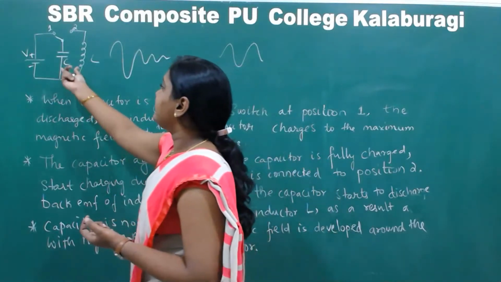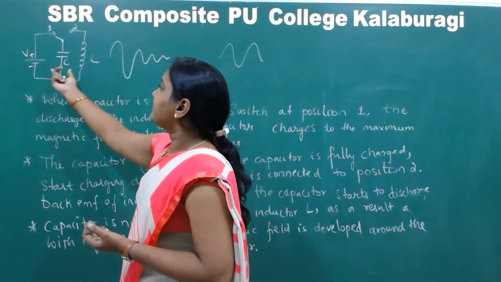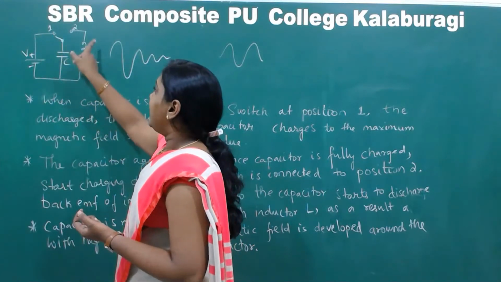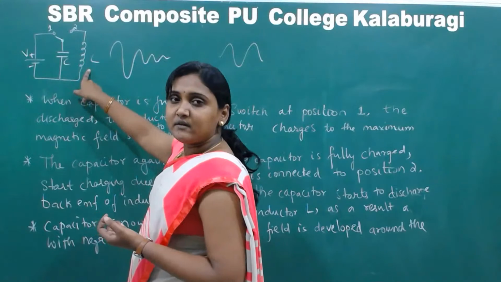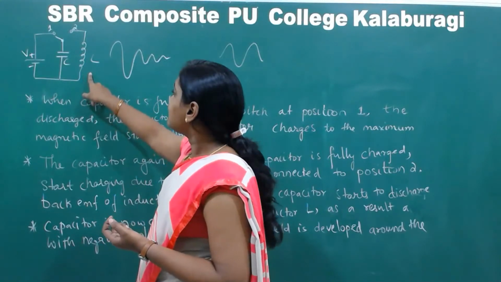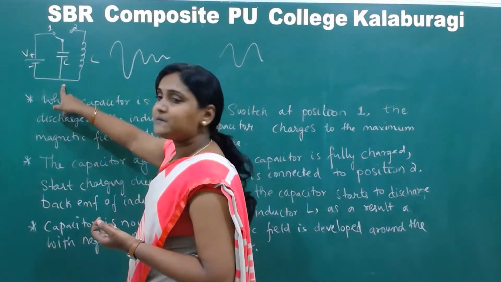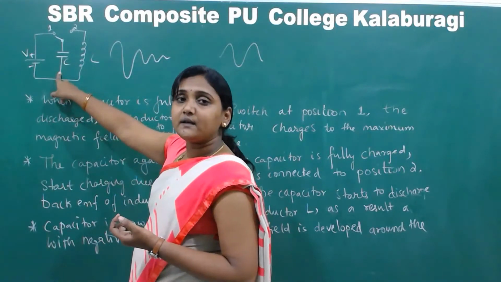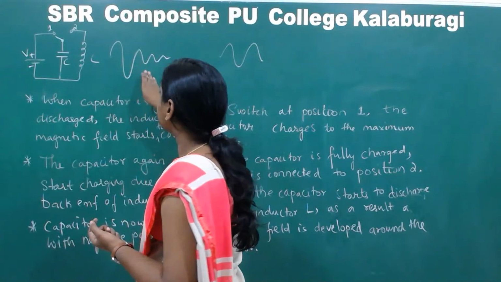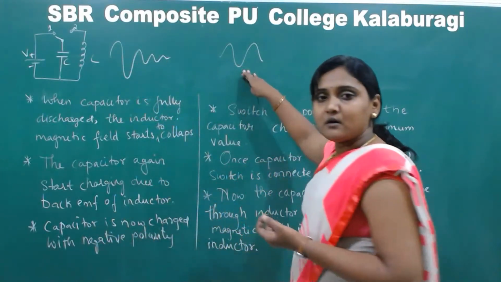This circuit has a capacitor and an inductor, where the capacitor charges and it discharges through the inductor. The inductor develops a magnetic field around it, and then it is going to collapse, charging the capacitor in opposite polarity, and this process can be used to generate the oscillations.